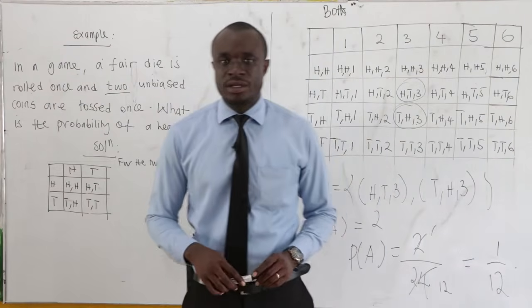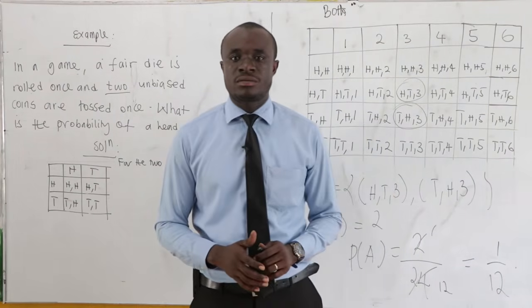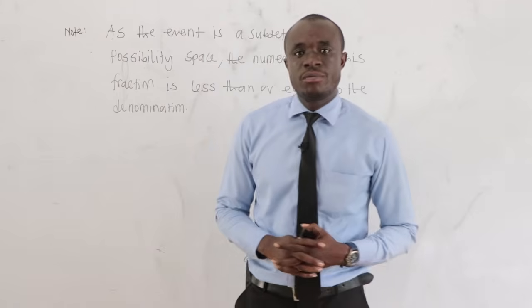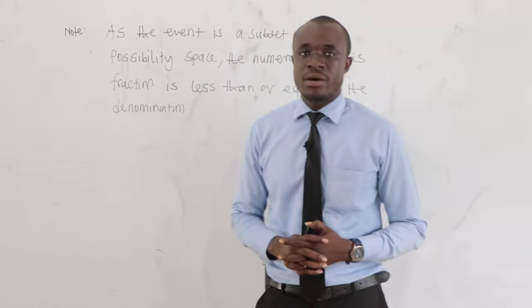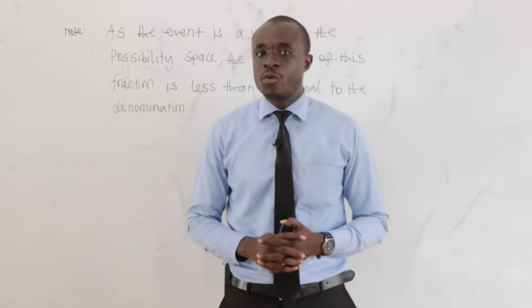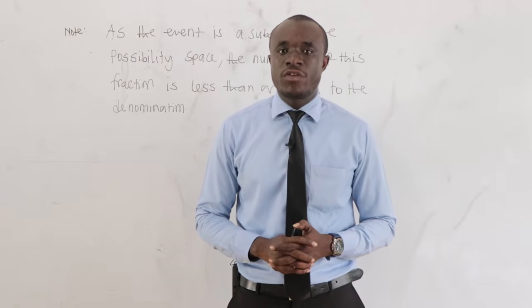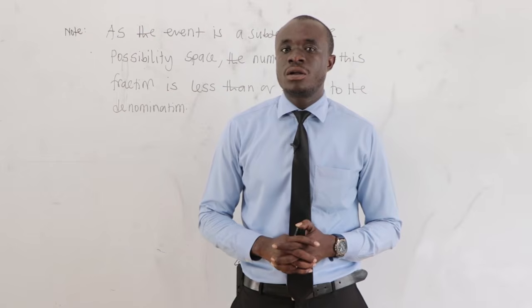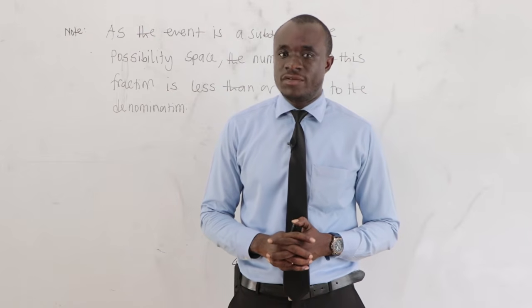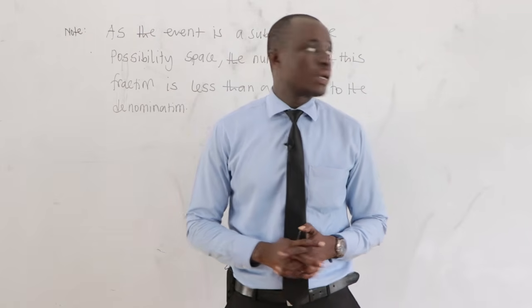This is very, very easy. Let's consider the next. Now we know that the probability of an event A occurring is defined as the number of ways in which A can happen, expressed as a fraction of the number of ways in which all equally likely events, including A, can occur.